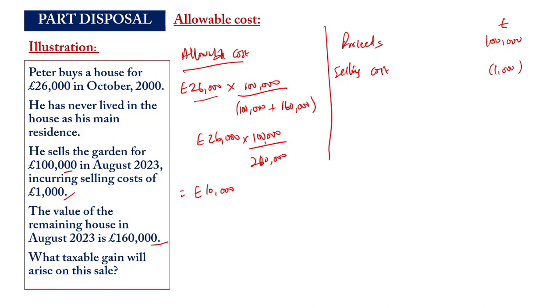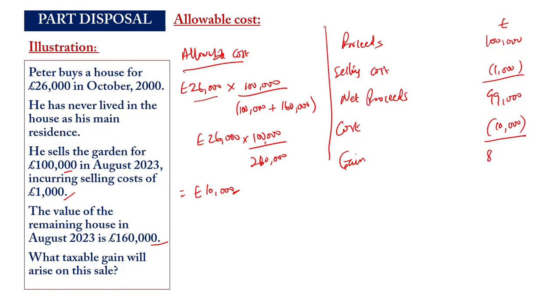Then that will give us net proceeds of £99,000. Then we now less the cost, which is this £10,000.